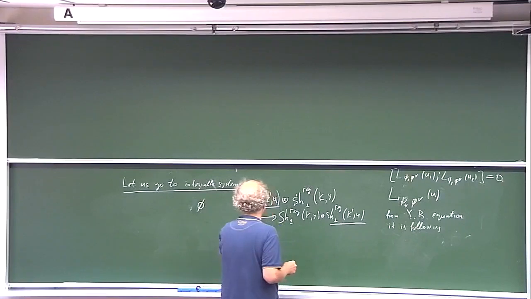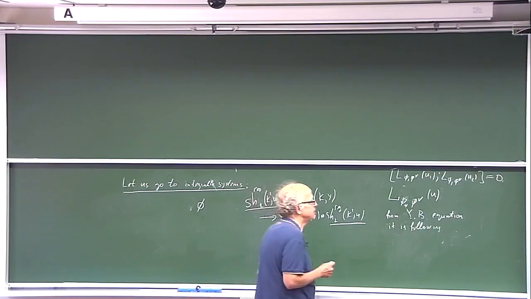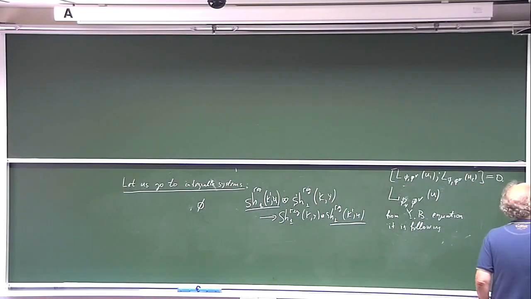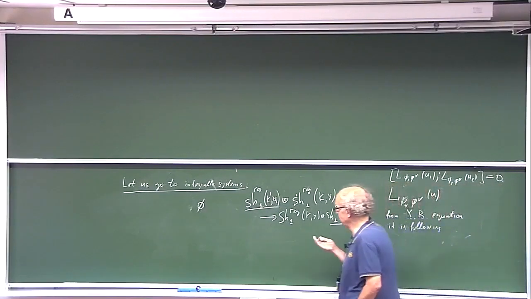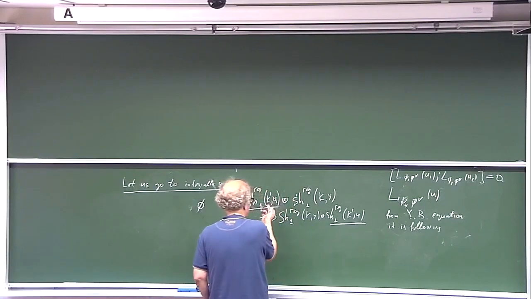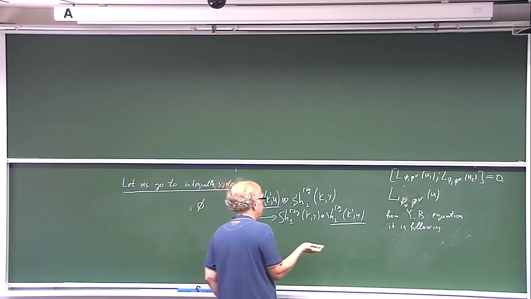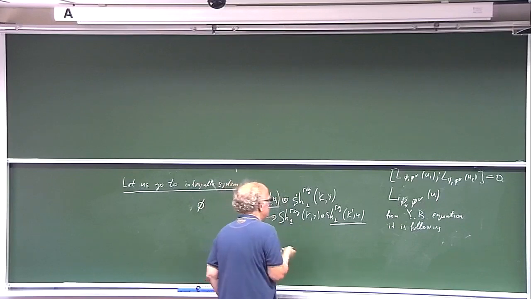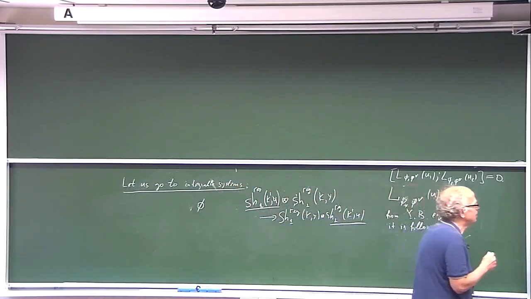One possibility is the following: let us choose in this space some basis. This representation in principle can be any choice, and we can have this reality condition or not. Suppose not.